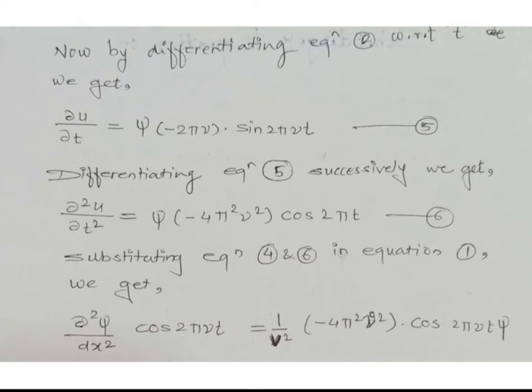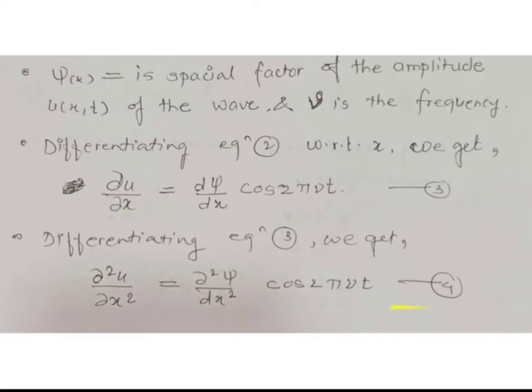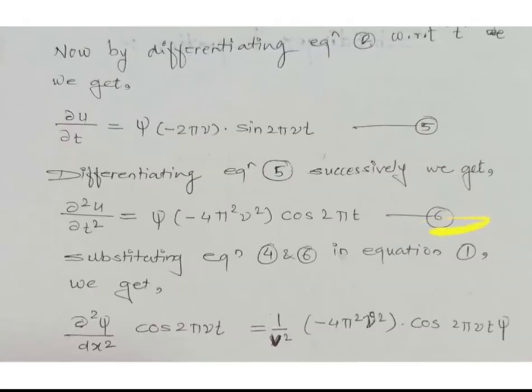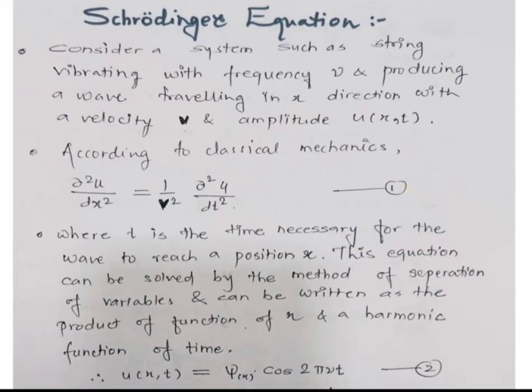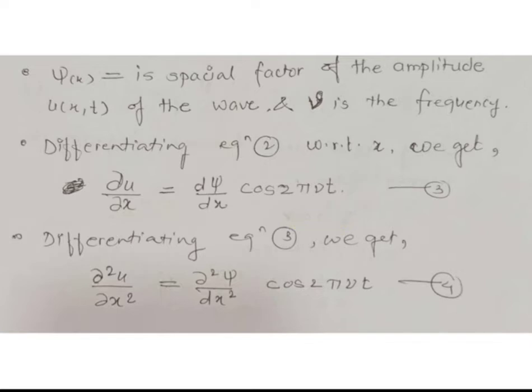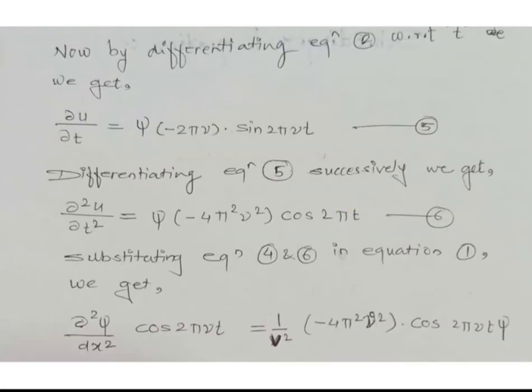Now substitute equation number 4 and equation number 6 in our equation 1. So del square u divided by del x square is the left part of the equation. Just put equation number 4 and equation number 6 in equation number 1.